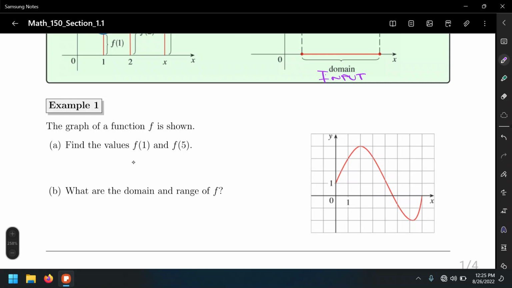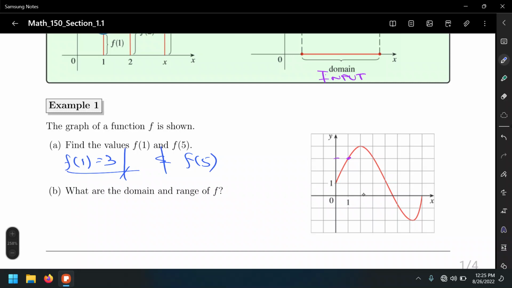All right, f of 1. That means what is the output when the input is 1? If the input is 1, what's my output? 3. f of 1 equals 3. And f of 5, that is, what is our output when our input is 5?